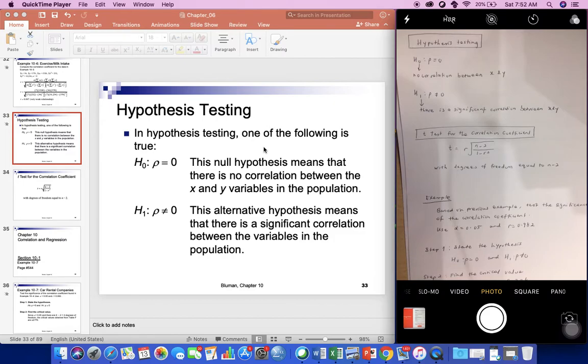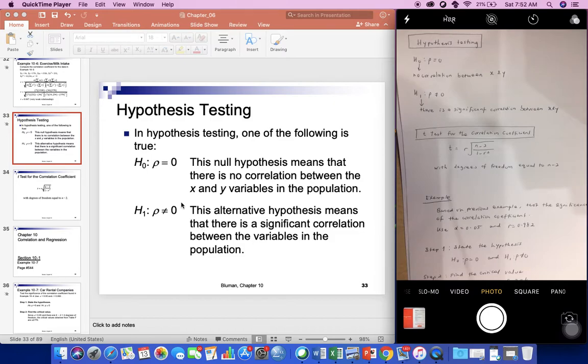Okay, let's see. The first thing is H null. H null means that there is no correlation between the X and Y variable in the population. H alternative, H1, means that there is a significant correlation between the variables in the population.